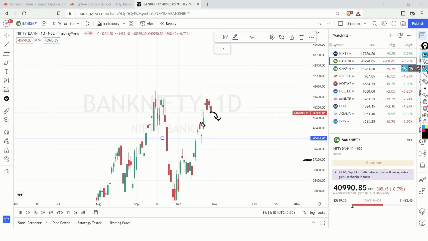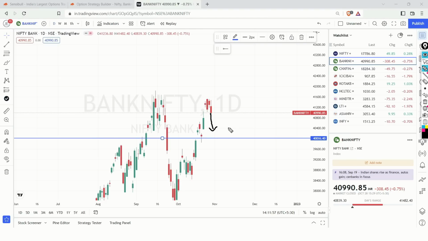But we really get scared when the market actually comes down by 400 or 500 points. The moment the market, let's say, comes from 41,000 towards 40,400, this is the time when we actually start to get scared, because 150 to 200 points will only have a small effect on us, whereas 400 or 500 points is going to have a very big effect, especially if this happens in a very short span of time.